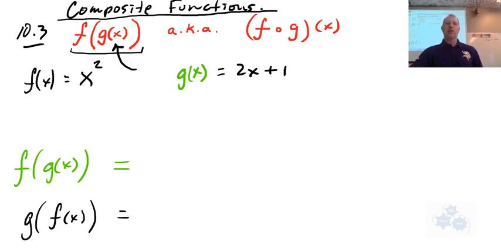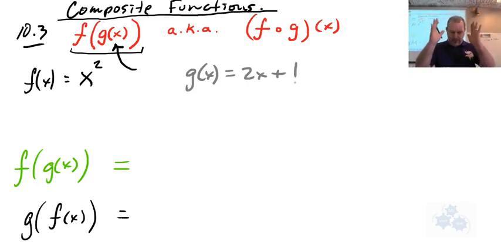Actually, what I'm going to do here is make this 2x plus 1. I'm going to make this gray. So g of x was, what was it again? 2x plus 1? Yeah. Okay.